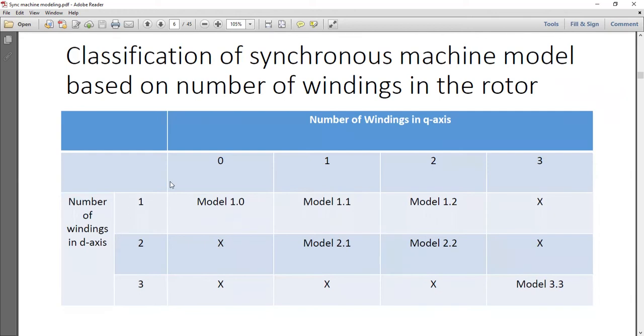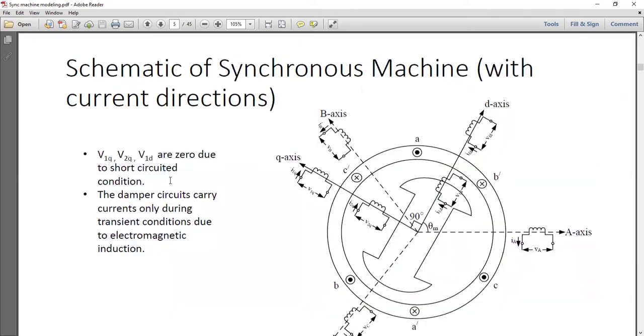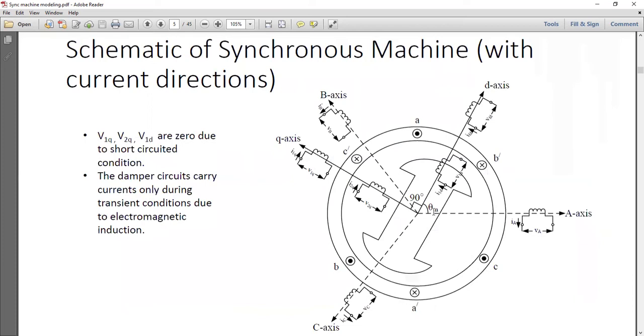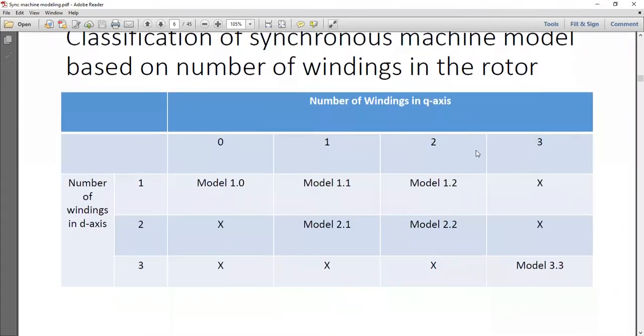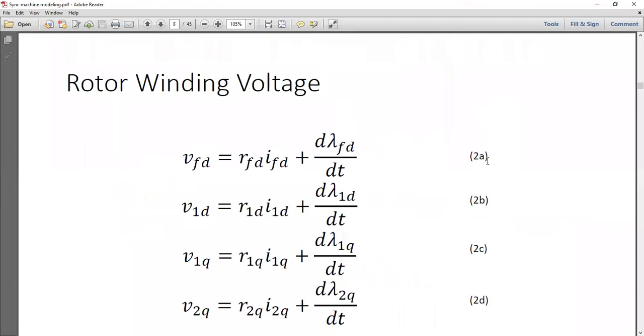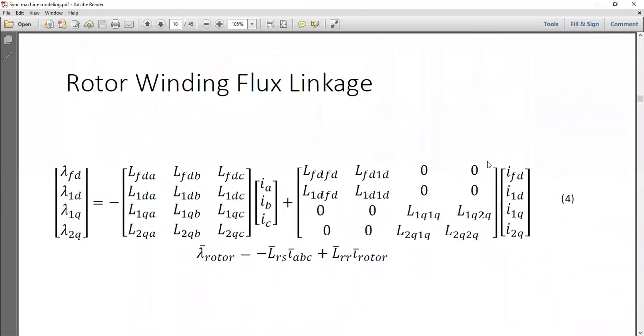So if you introduce 1D, better to introduce 1Q, but again, it depends on which dynamic phenomena you are trying to capture. Interestingly, let's leave it here. Probably it will take much time if I go further.